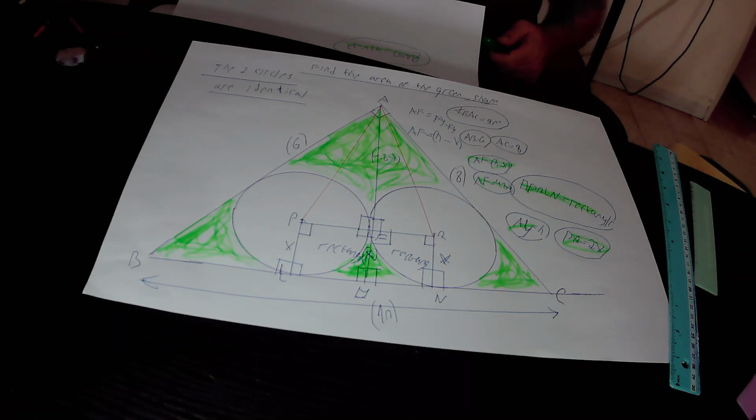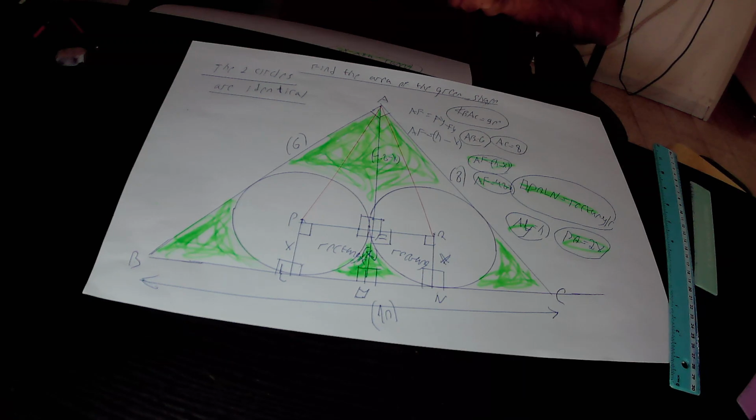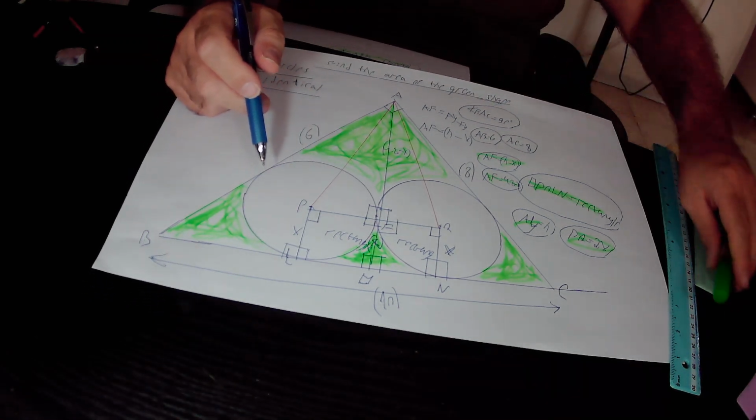In the next step, we join points B and P together by a straight line.